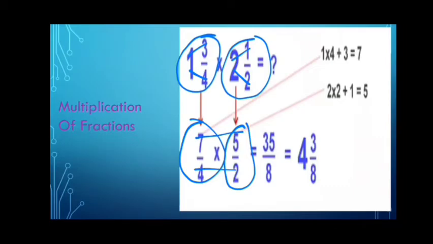So finally you leave your answer in the basic form, that is 8 into 35, you count, gives you 4, remaining 3 over the 8. So our answer is 4 whole number 3 over 8. That's the simplest form. I guess that was easy.